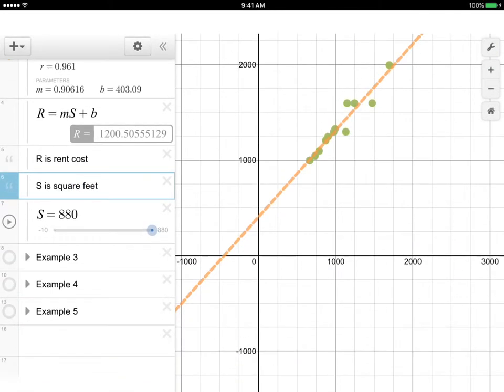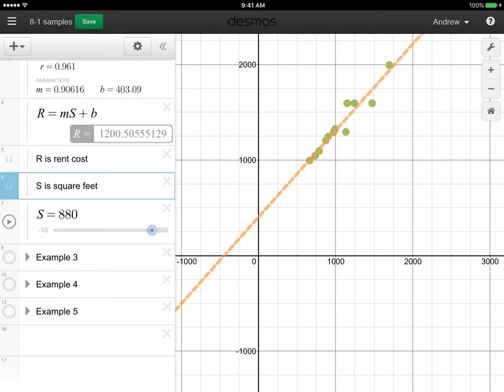Okay, so now I can remember that s is representing my square feet, r is representing my cost.